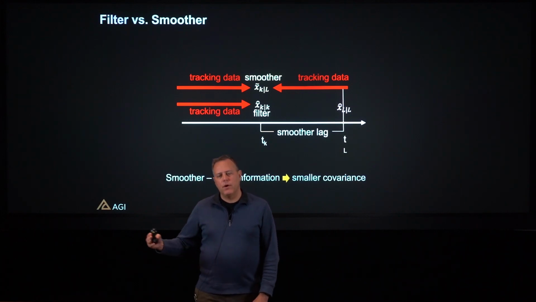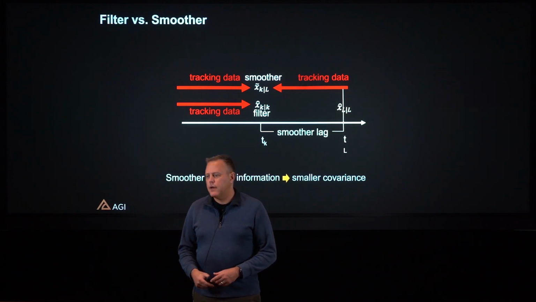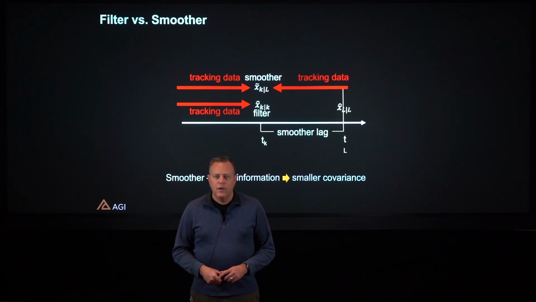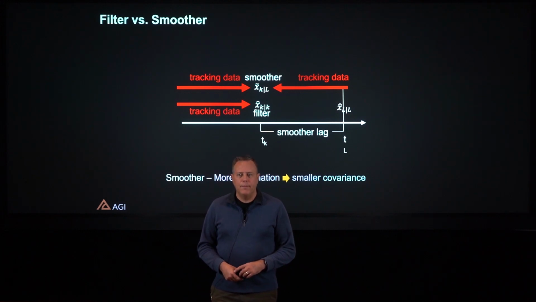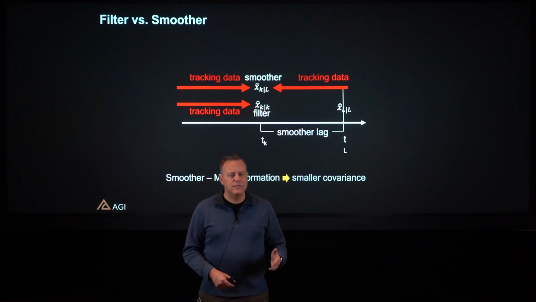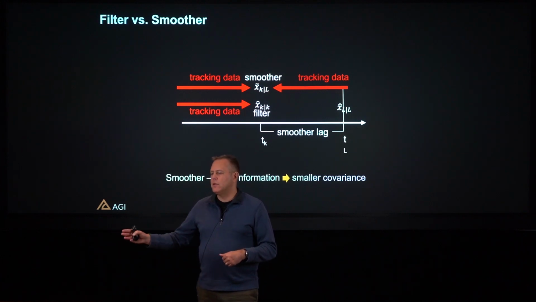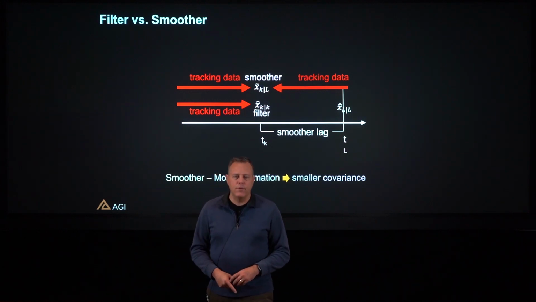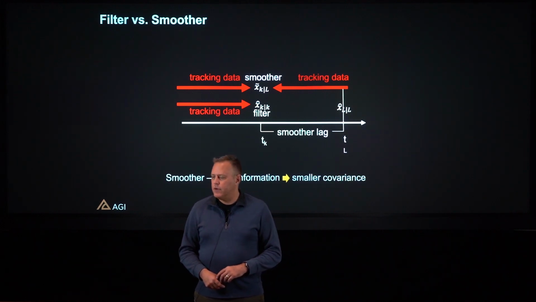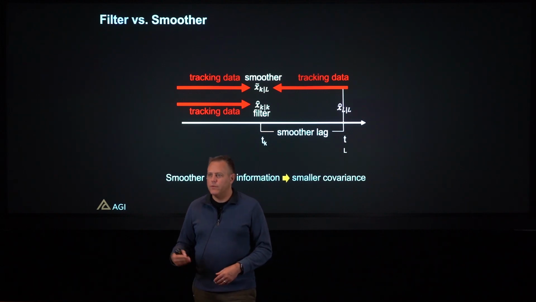But as I continue to process farther down through time, and I can get time t sub l, I have the option now to sort of run backwards in time, and that's what we call our smoother, where I can run backwards in time, and I can go back and look at that same time tk and say, now that I actually have gone past it, but look back, I can refine my state estimate at time tk and take advantage of the information of the tracking data that I have from both the left of tk and the right of tk.